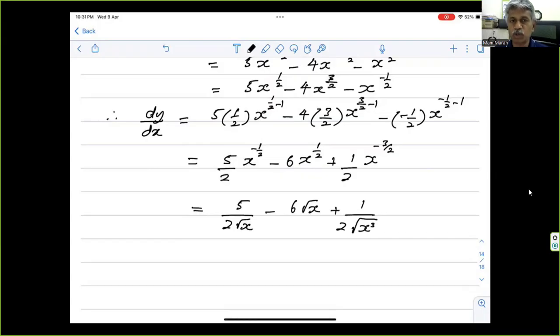Because it's 3 over 2, power of 3 over 2 at the bottom will give you x cubed. So that is your answer, and dy by dx.